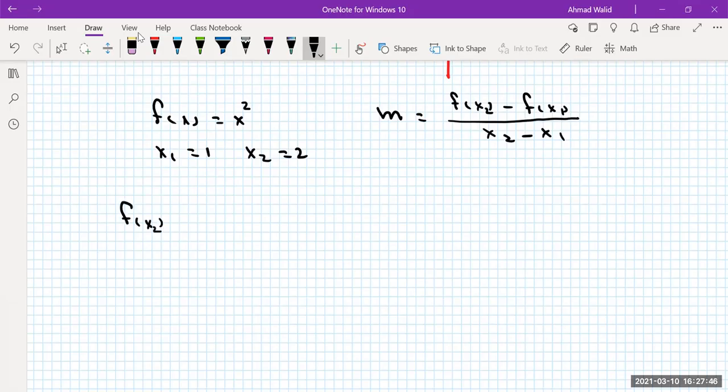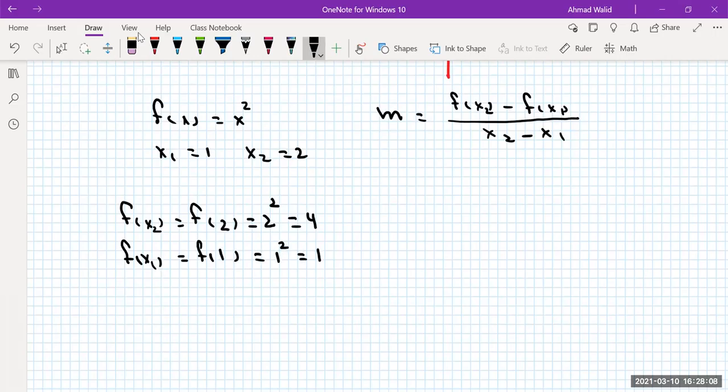f of x2 equals what, how much is x2? x2 is 2, right? It means f of 2. f of 2 means 2 squared, which gives you what? 4. f of x1 means f of 1, means 1 squared. That means what? 1.